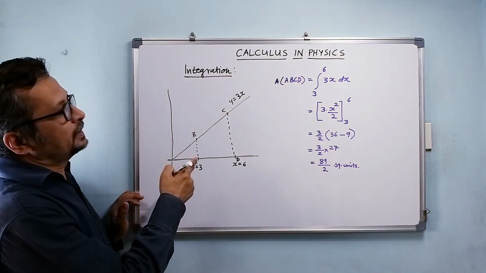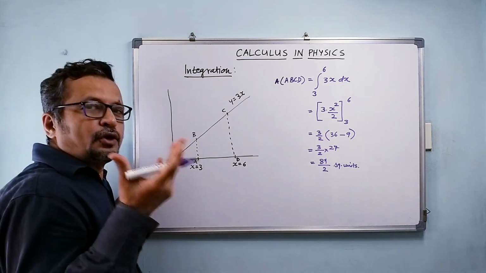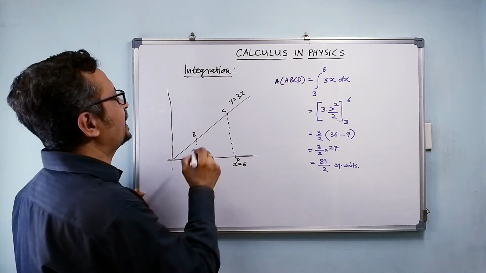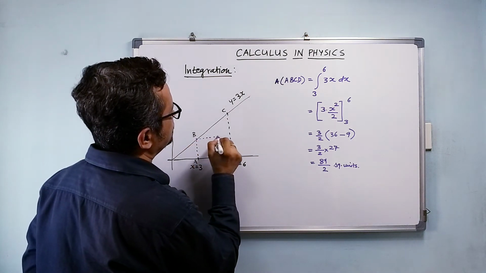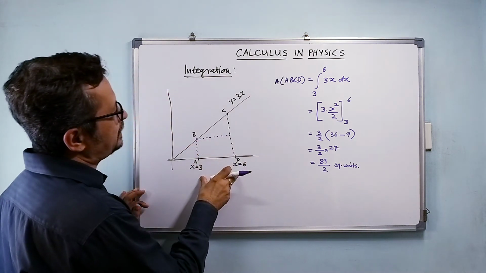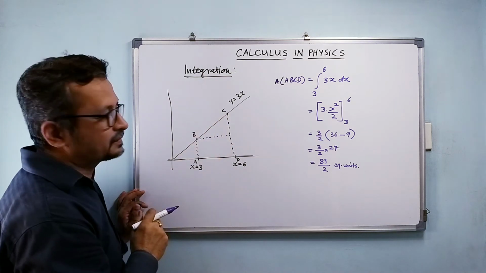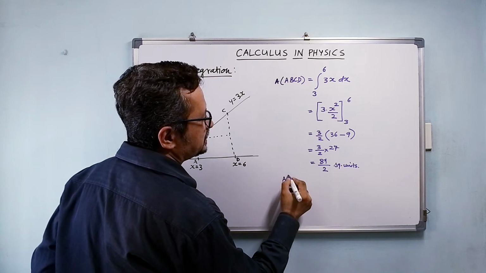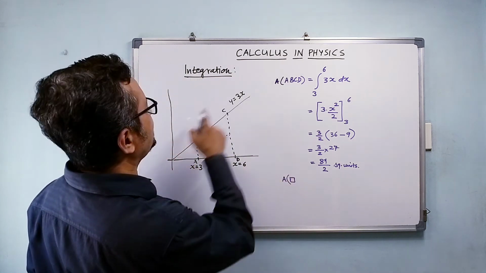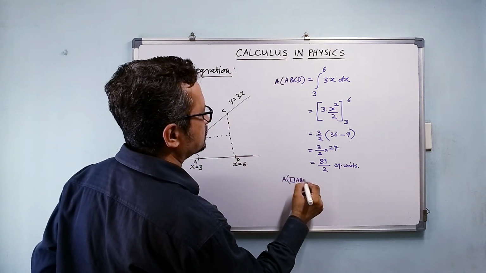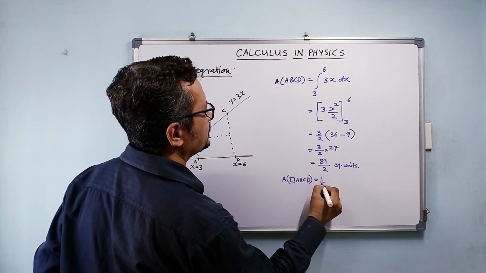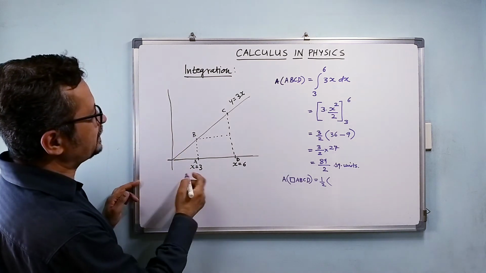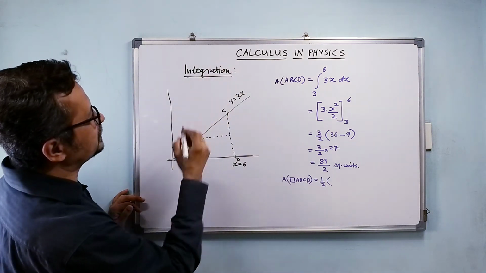Now here, shall we cross check? Is this not a trapezium, a combination of one rectangle and one triangle, correct? What is the area of trapezium ABCD? It is half into the sum of parallel sides. What is the sum of parallel sides? X is equal to 3, so y is equal to 9, correct?